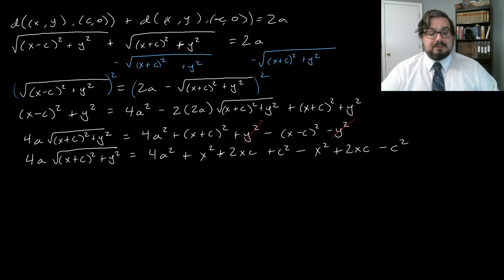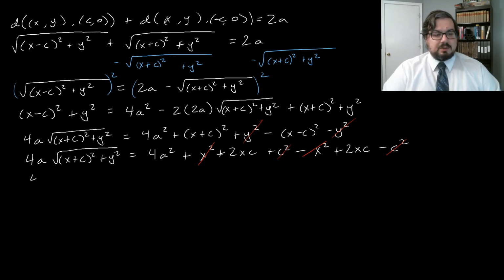And again, we have some cancellation. The x squared and the negative x squared cancel, the c squared and the negative c squared cancel, and so we're left with 4a times the square root of (x plus c) squared plus y squared equals 4a squared plus 4xc.